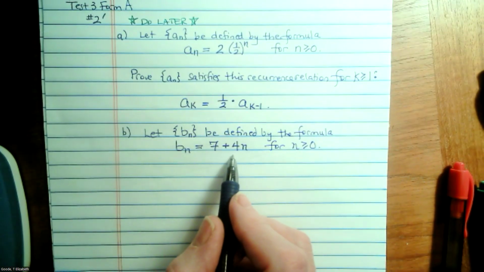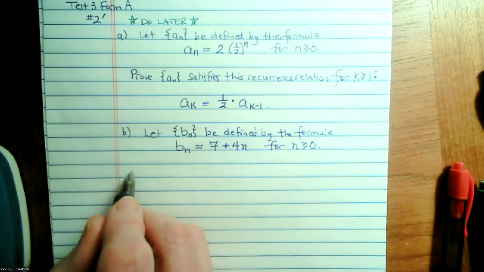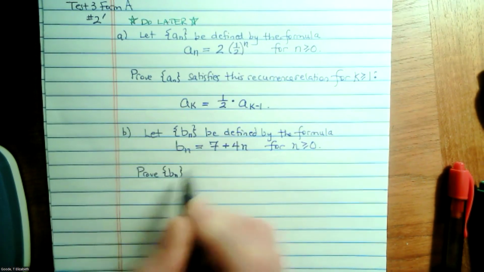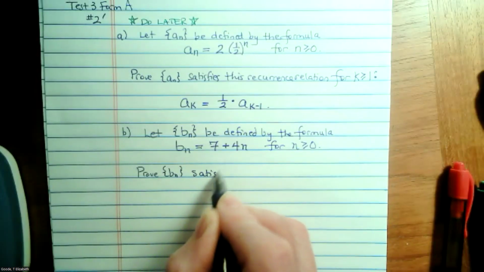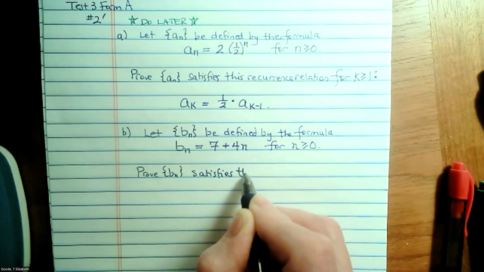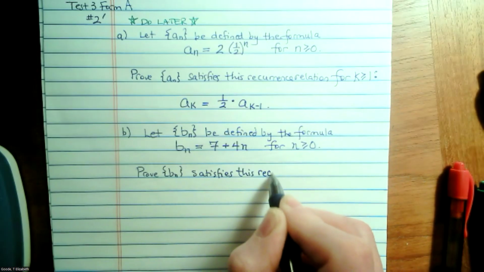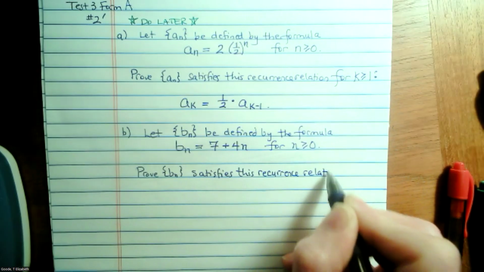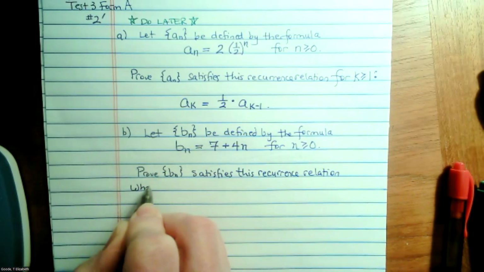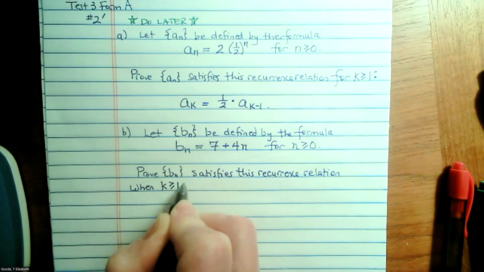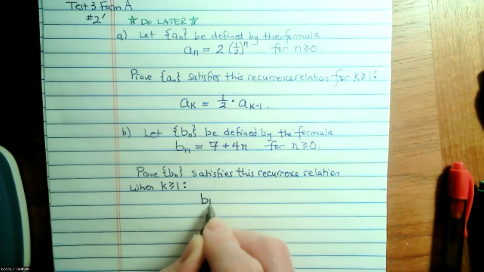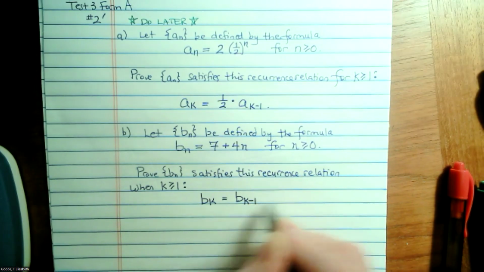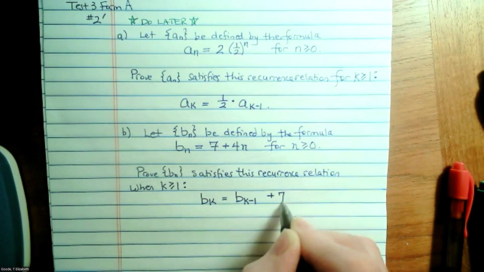This is an arithmetic sequence. Prove B sub n satisfies this recurrence relation when k is greater than or equal to 1. B sub k is equal to B sub k minus 1, whole thing plus 7.